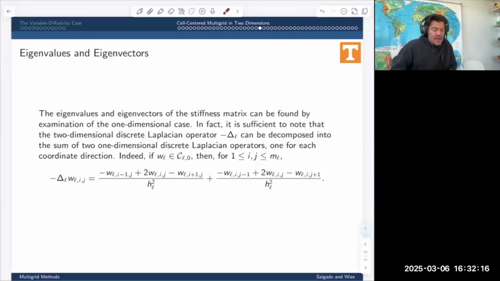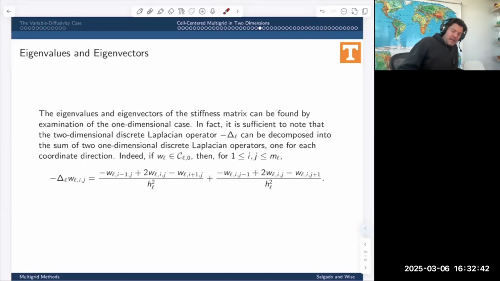The eigenvalues and eigenvectors of the stiffness matrix can be found by a little trick, by realizing that the Laplacian operator, if I express it in a certain way, is equal to a one-dimensional finite difference operator acting in orthogonal directions.